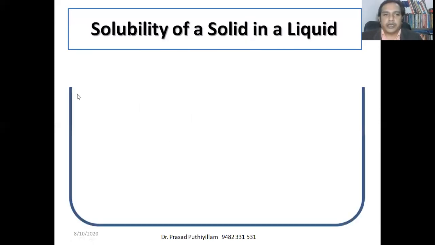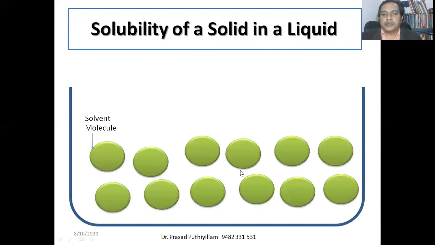Say, for example, I took a container, a vessel. A solvent is taken, and the solvent molecules are represented as spheres here. To that, we need to add the solute to determine the solubility, or to say what type of solution we'll get.